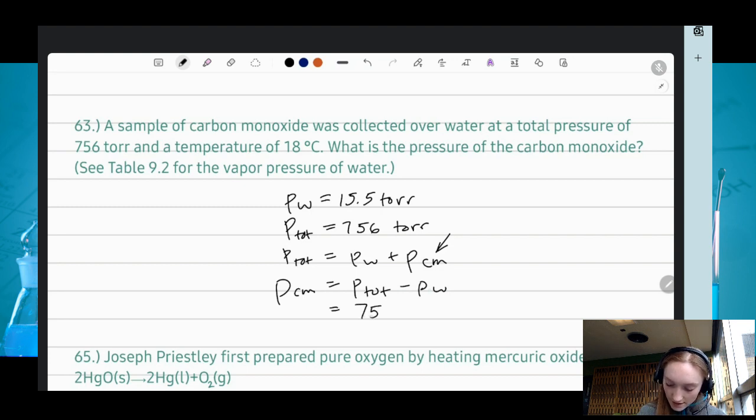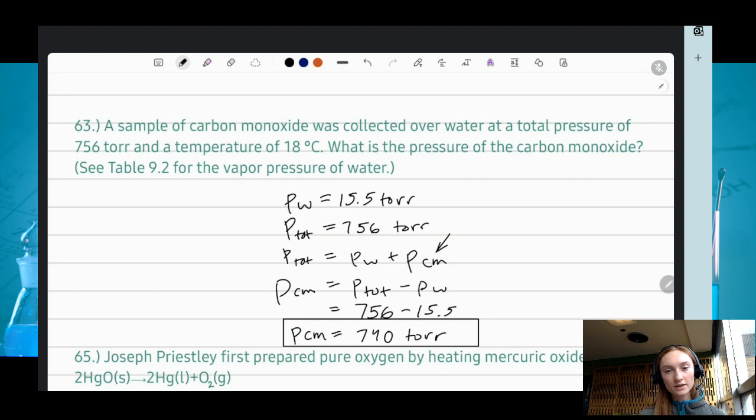That's 756 minus 15.5, and so we will get an answer of 740 torr. Basically it's easier than you think to solve for this because there's only one unit to work with here, and since we have a total of only two gases, you just calculate the one that makes up the rest of the total.